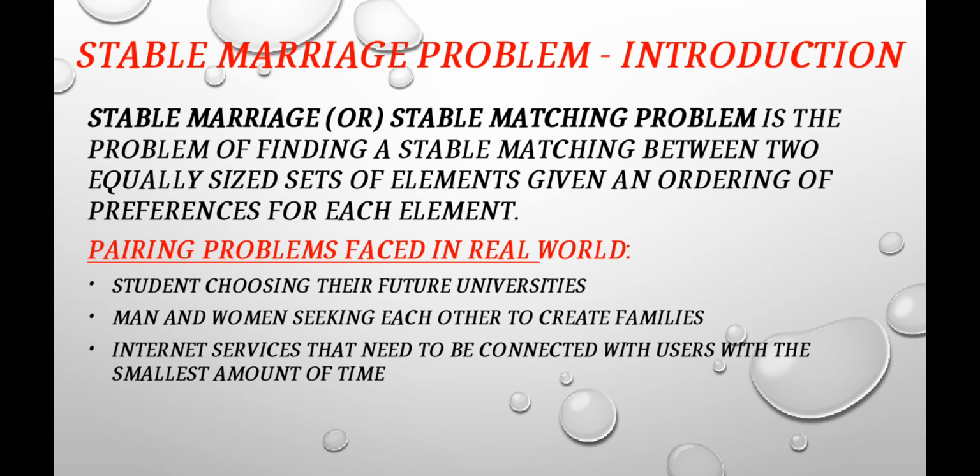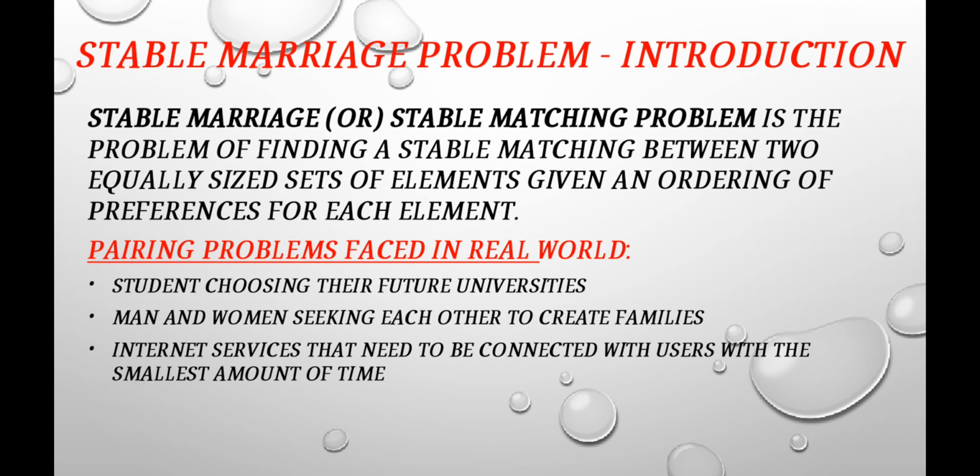The ultimate aim of this stable matching problem is to create a unique set of pairs, that is, mapping one element in set A with one element in set B. So there should be no repetition of pairing. There should be only unique pairs. So this is the objective of this problem.